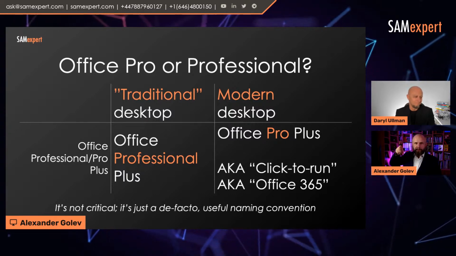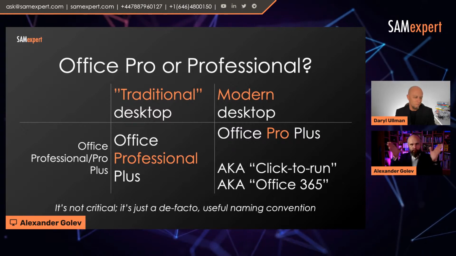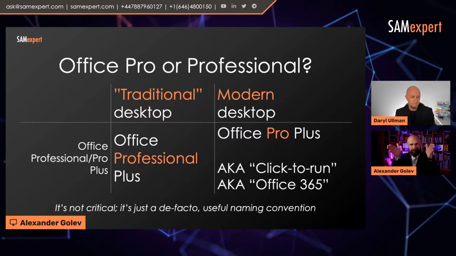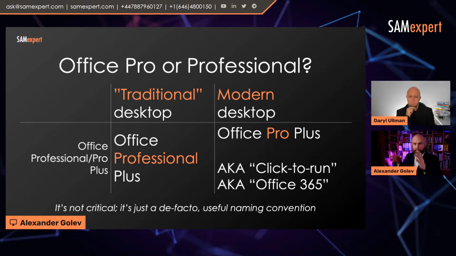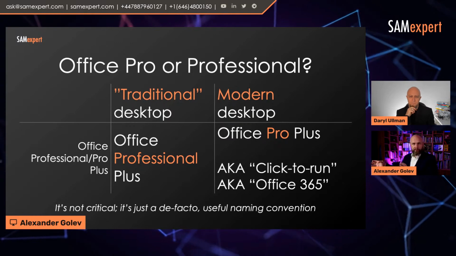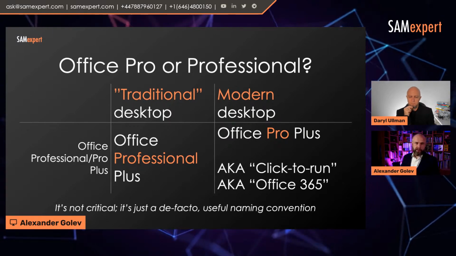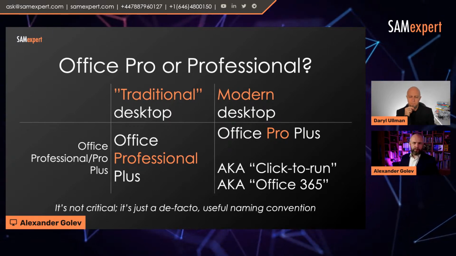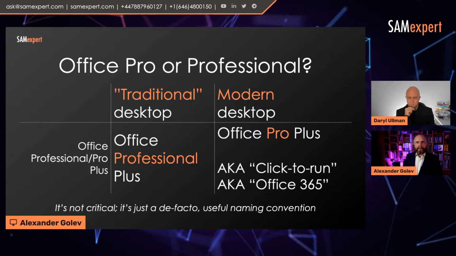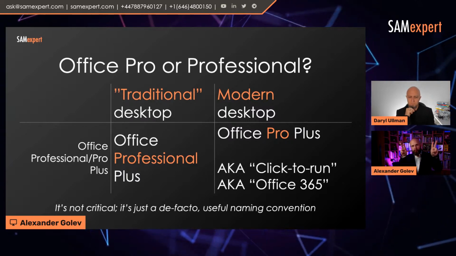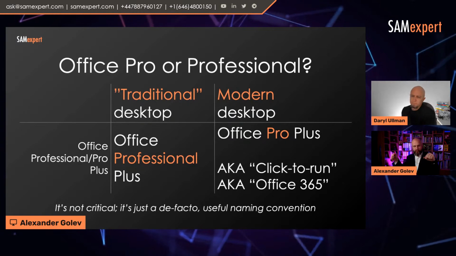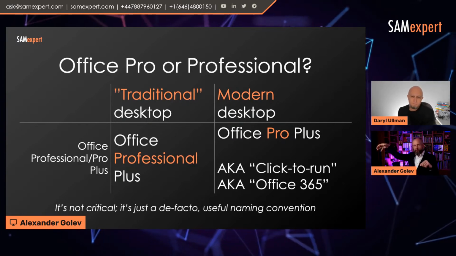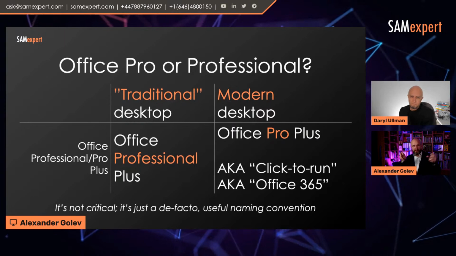That Professional Plus, the full word professional, is used in our conversations and with Microsoft as well when we talk about traditional Office, which will probably be released this year again, either as Office 2021 or Office 2022. And when we say Pro Plus, that shorter version, we refer to Office applications that you install locally on your computer that you get through one of the 365 online subscriptions.